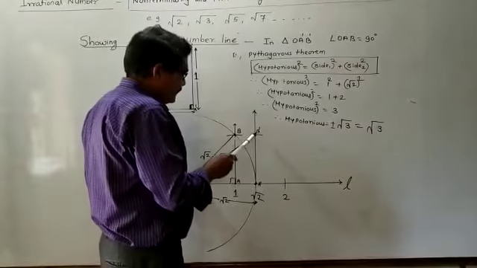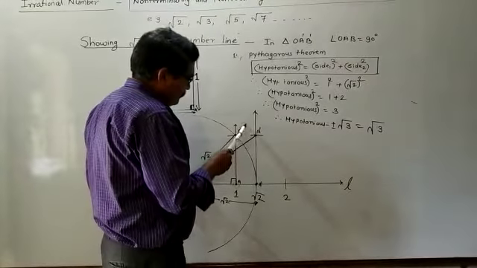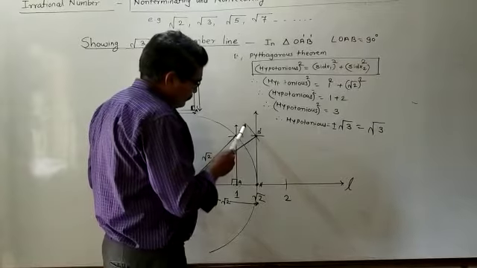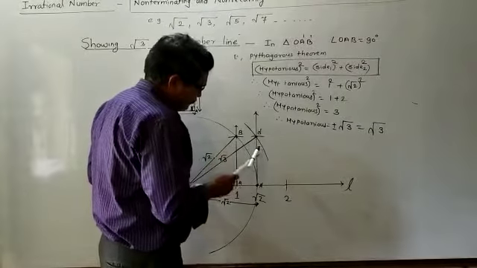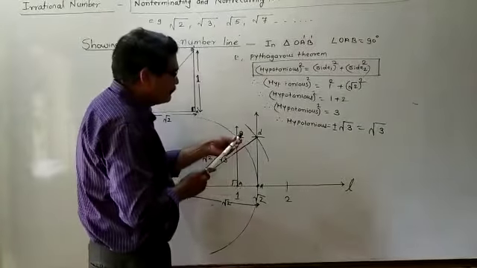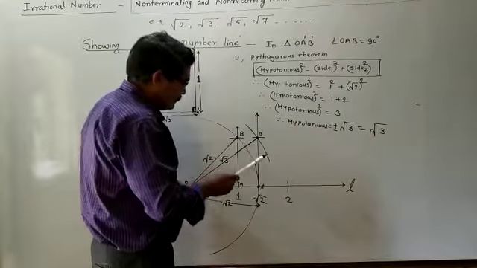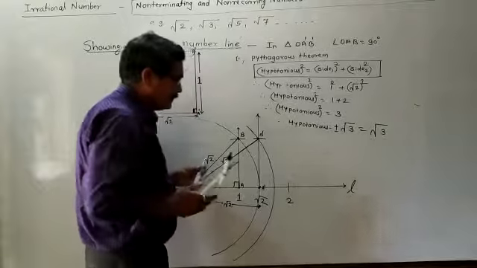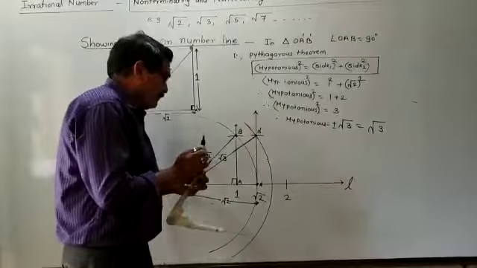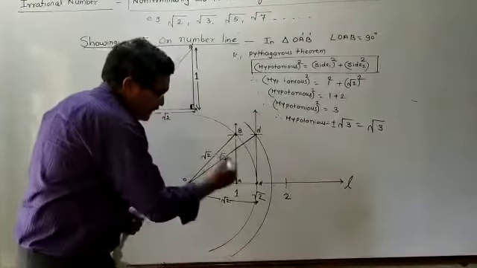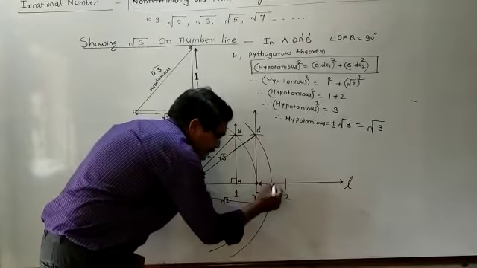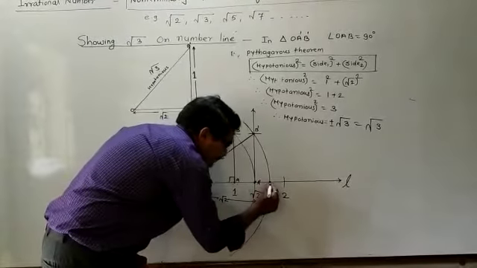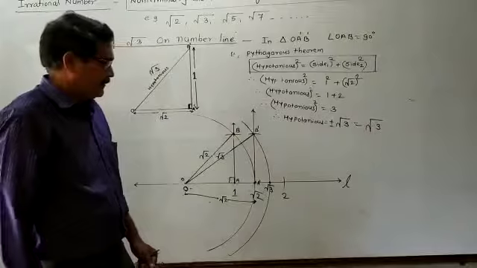Exact point you have to join. This circle, when you will draw the full circle, whatever be the point of intersection of this circle, this point is called as square root of 3.